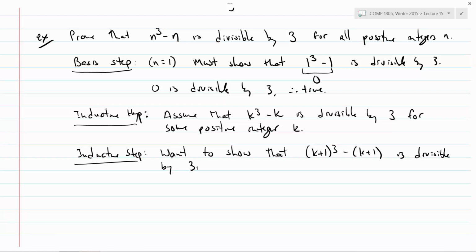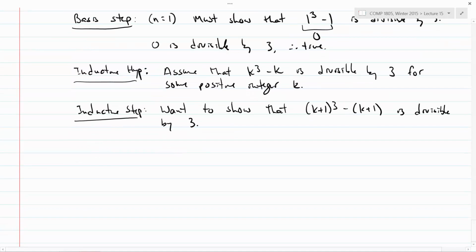If you forget these parentheses here, you will do this incorrectly, because this is equal to (k+1) cubed minus k minus 1. And if you leave off the parentheses, you'll have minus k plus 1. Those differ by 2, so if one is divisible by 3, the other one definitely isn't. So that's something good to keep in mind. You could write it directly like that. I prefer to do it this way just so it's clear what you're plugging in to this statement.